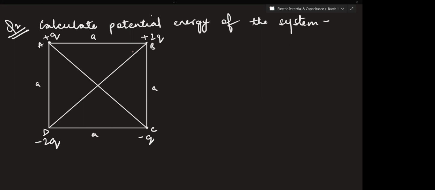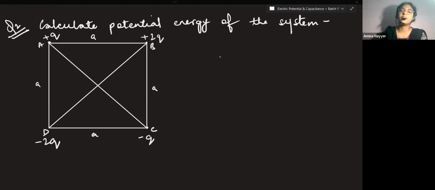Okay. All of you just see one thing. 4 charges are there, 4 energies are there. But you have to consider the possible number of interactions, because you are calculating the potential energy of the system. See, minus 2Q and plus 2Q will also be interacting diagonally. Plus Q and minus Q will also have potential energy. So there will not be only 4 energies.